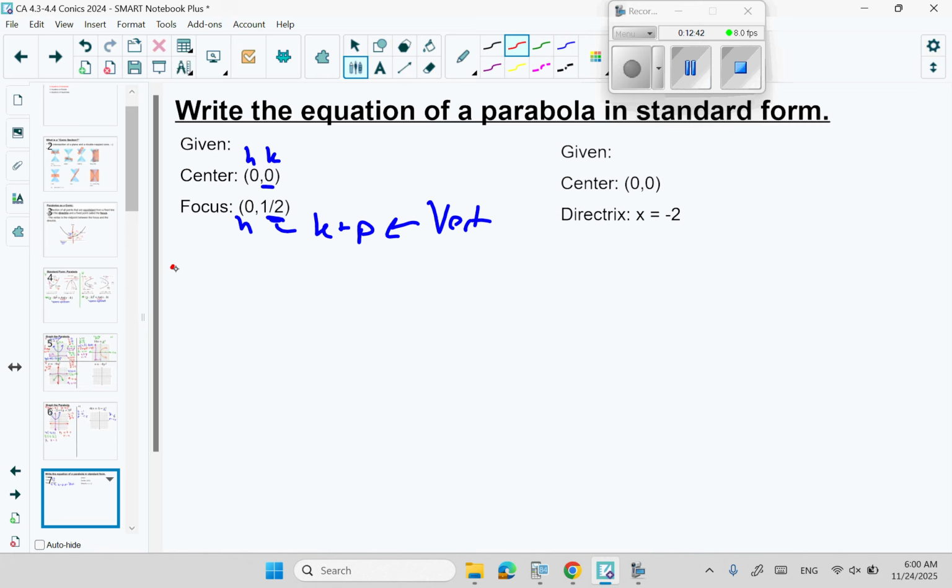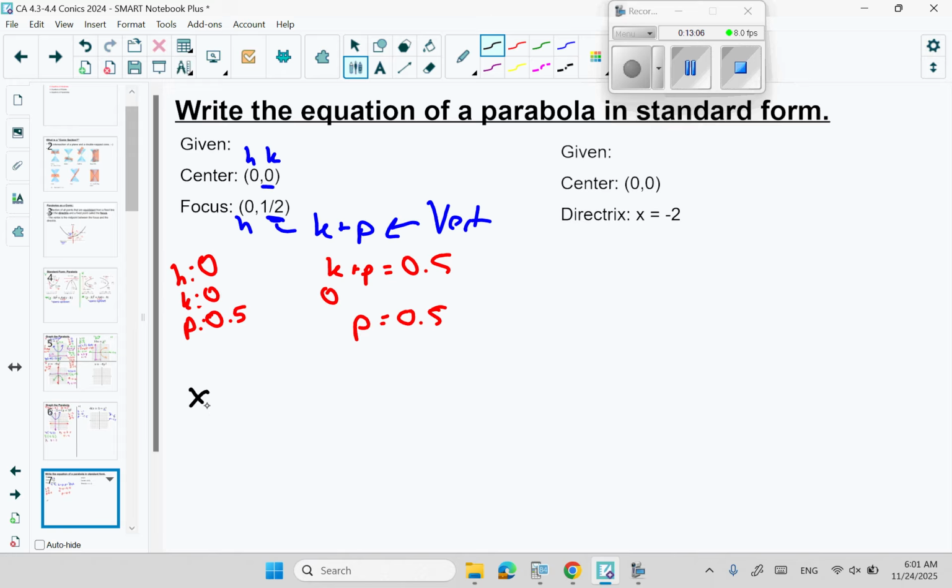I should now figure out h, k, and p. Good news. I know h and k are 0 from earlier, and I know that k plus p equals 1/2. And I know that k is 0. Therefore, p has to be 0.5. And then I could use the general equation for vertical.